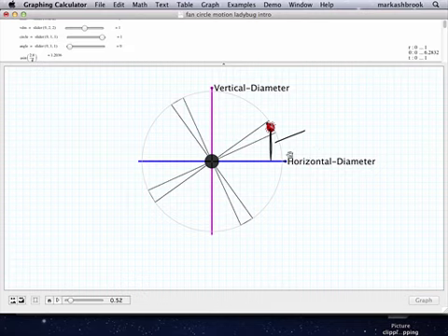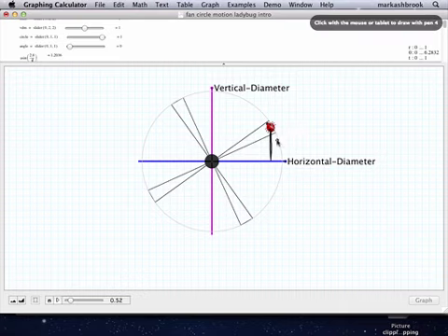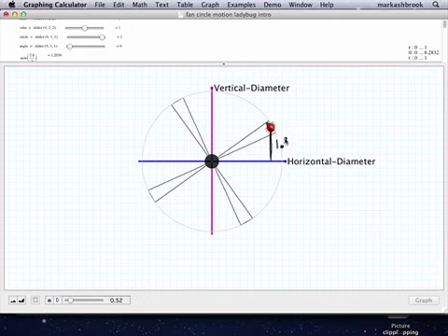Suppose the bug is 1.4 feet above the horizontal diameter. How many radius lengths is it above the horizontal diameter, if r is 3? How many radius lengths above the horizontal diameter? 1.4 over 3.